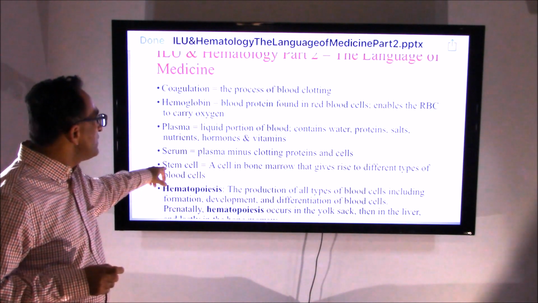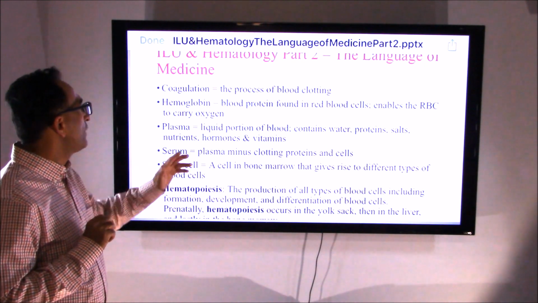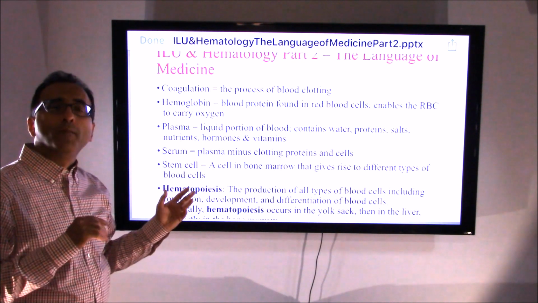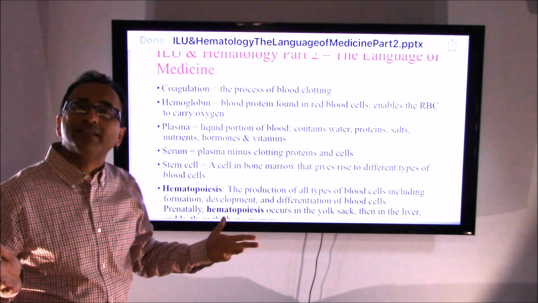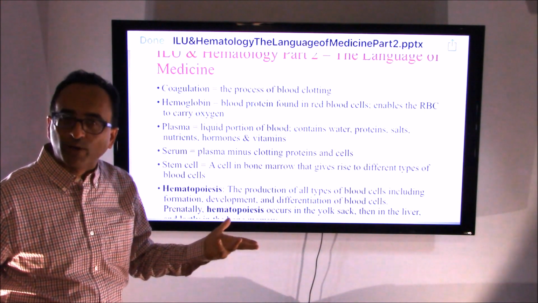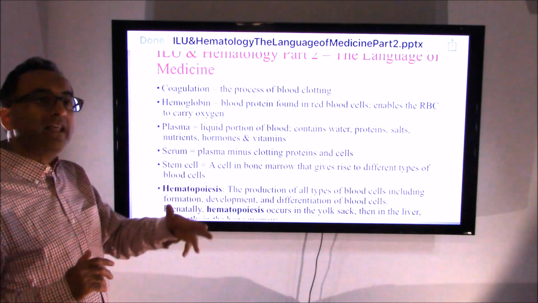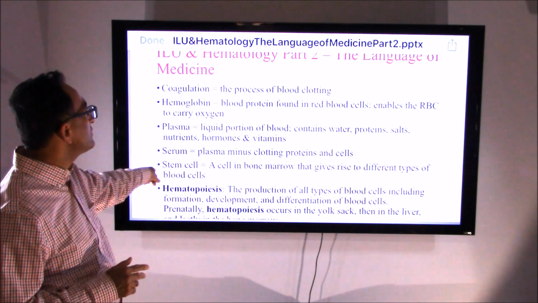I don't want to dive deep into the process of how the erythroblast turns into erythrocyte, which simply means that immature red blood cells turn into mature red cells. Okay? But even beyond that, this is the starting point, stem cell. What is stem cell?